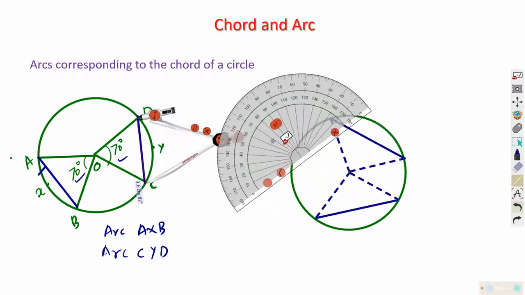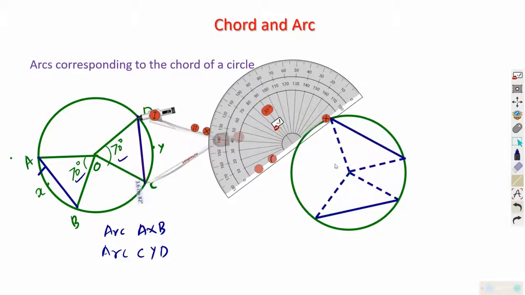So what we will conclude is that if you have congruent chords, here it was 8 centimeter, then we got a 95 degree angle here and a 95 degree angle here, correct?